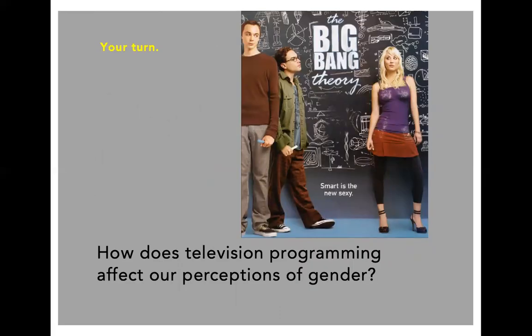So I've set up a couple of questions here. And the question that I've asked you to think about, and then maybe you can expand on this and practice a little bit, is how does television programming affect our perceptions of gender? Certainly we know that the design of media affects our perceptions much more than we even realize.